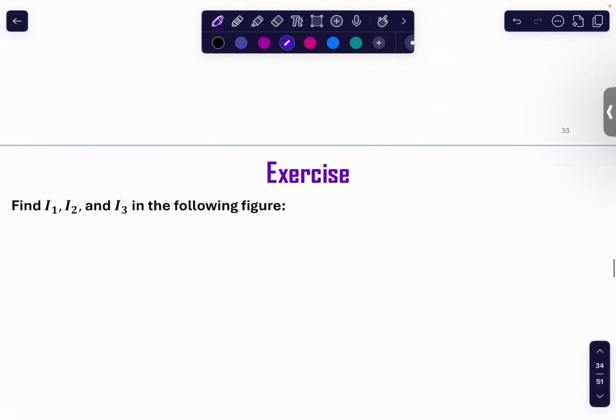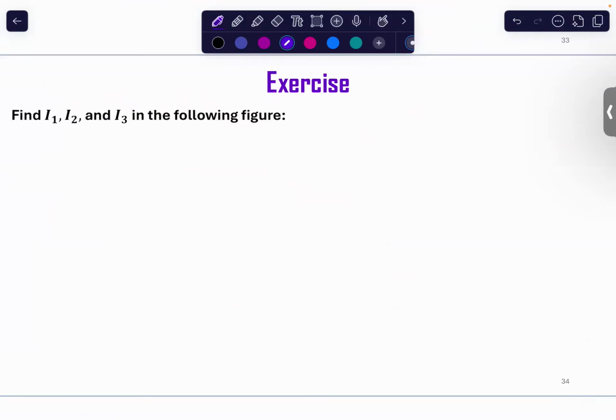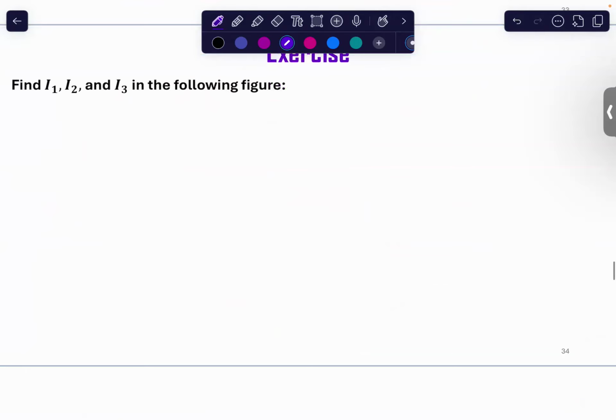So I'm going to give you a circuit, and you're going to solve it. There's a battery there.